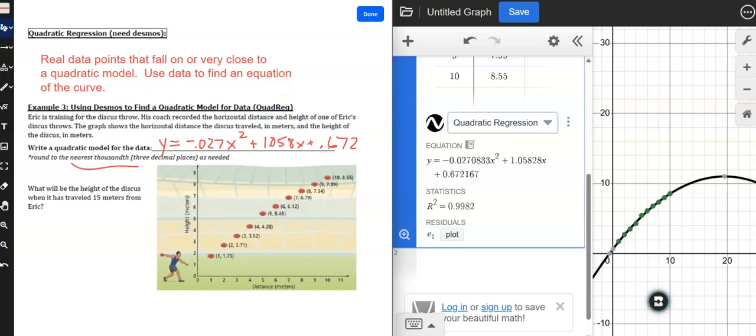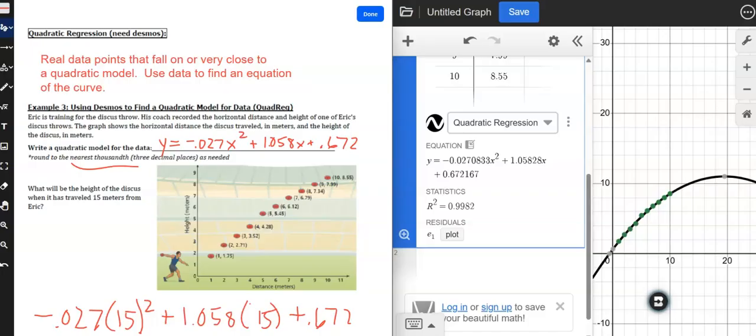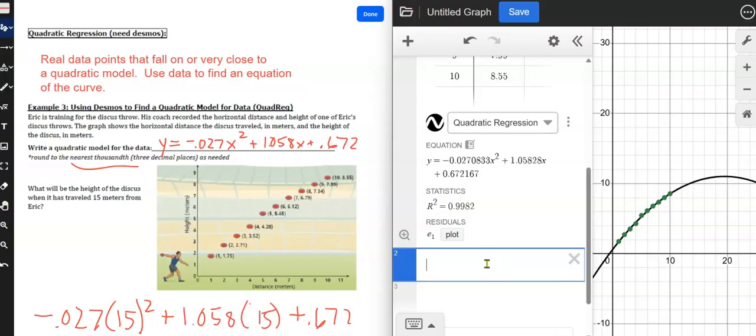What will be the height of the discus when it has traveled 15 meters from Eric? Okay, so I just have to plug in 15. Negative 0.027 times 15 squared plus 1.058 times 15 plus 0.672. Use my handy dandy calculator. Well, I guess maybe I could just type that on here.